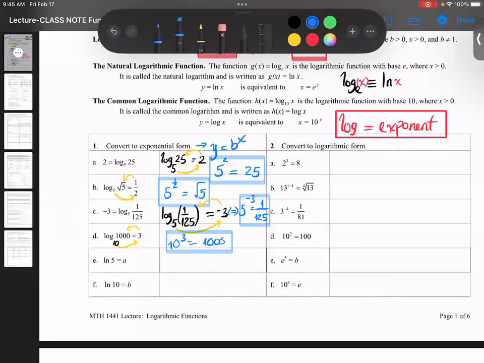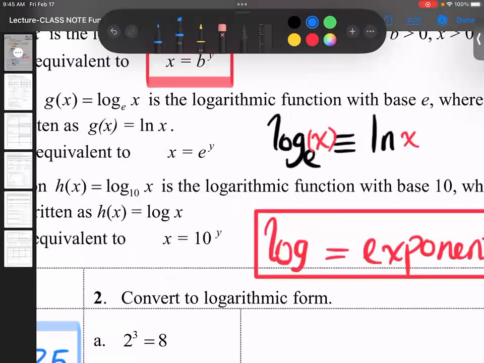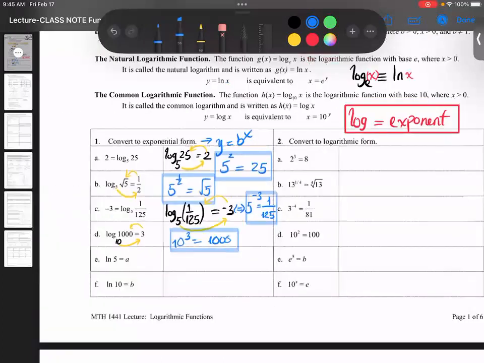ln 5 equals A. ln, like I said, is equivalent to log base e. So I'm going to rewrite ln as log base e and put the number 5 in front of it, with a parenthesis to show that it's the argument. Equals A. So this is equivalent to e to the A equals 5.